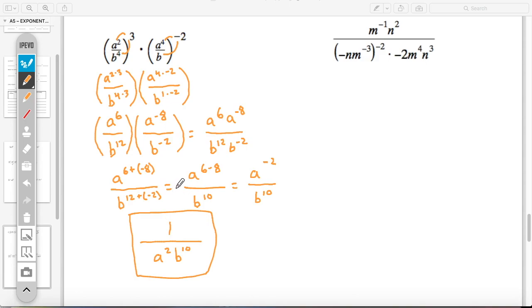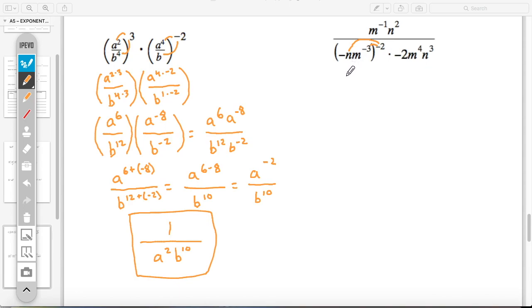One last problem here. So, again, looks a little tricky, but let's just break it down. So, I'll deal with my parentheses first. So I'll multiply by this -2 in all expressions.